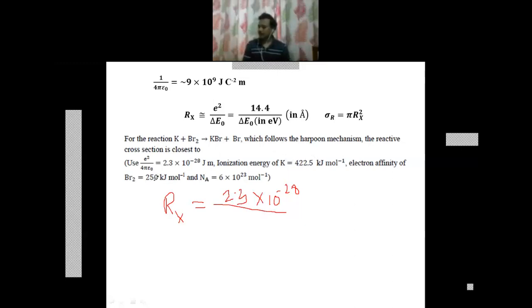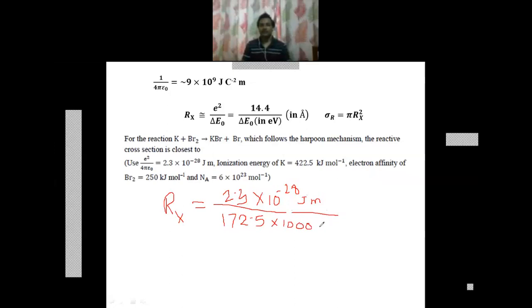If you subtract this value, it comes to around 172.5, right? So try to do it. You should get 172.5, but that is in kilojoule. If you want to convert into joule, because you have to, this is going to be joule and then meter, right? Now this is actually kilojoule, so you have to convert into joule. So multiply with 1000, right?